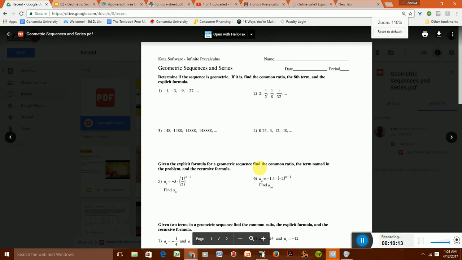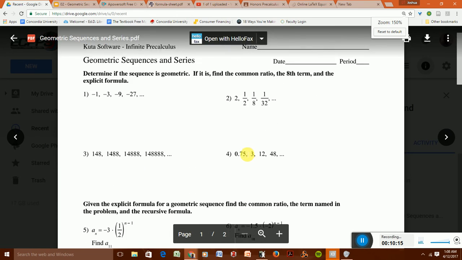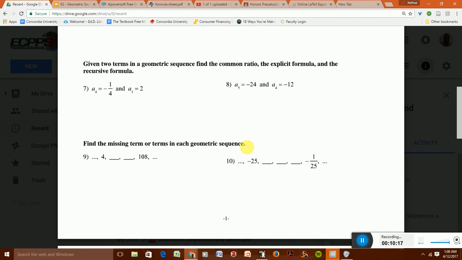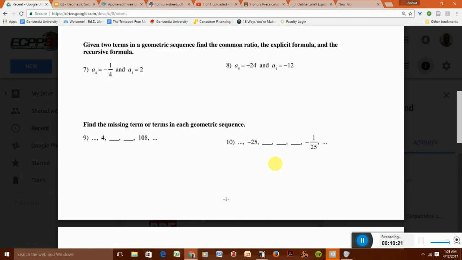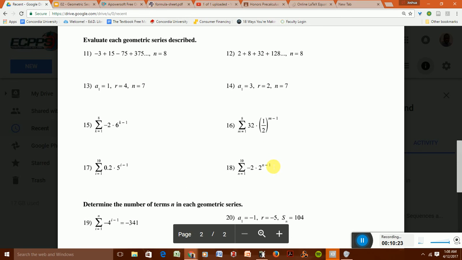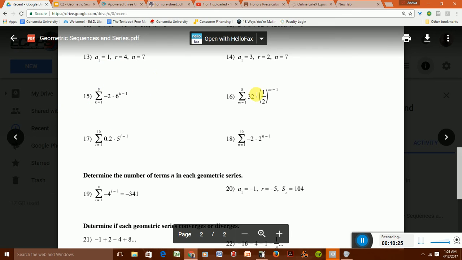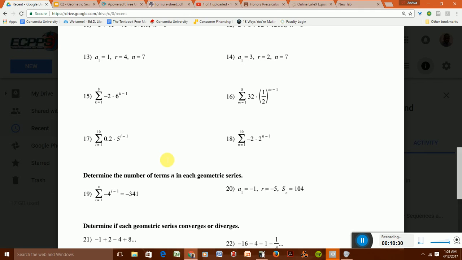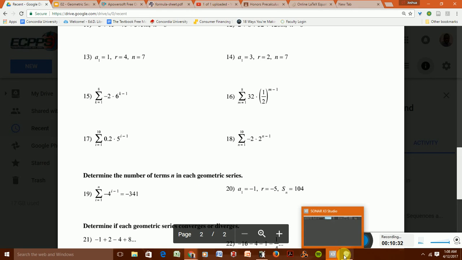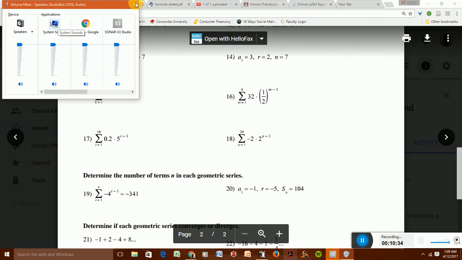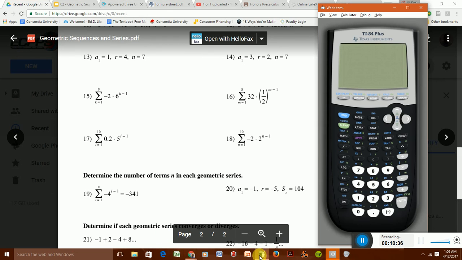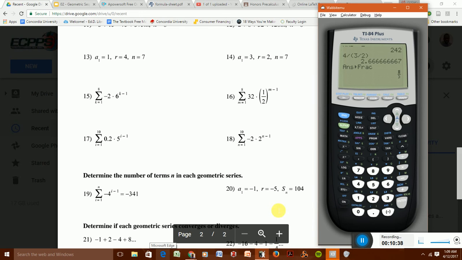Even for these ones that have sigma notation, for the finite we can plug those in like we did before. We'll write a sigma formula that'll do that for us. For example, number 15. That's the wrong tab. This is what I'm looking for right here. We can do a summation for that as well.